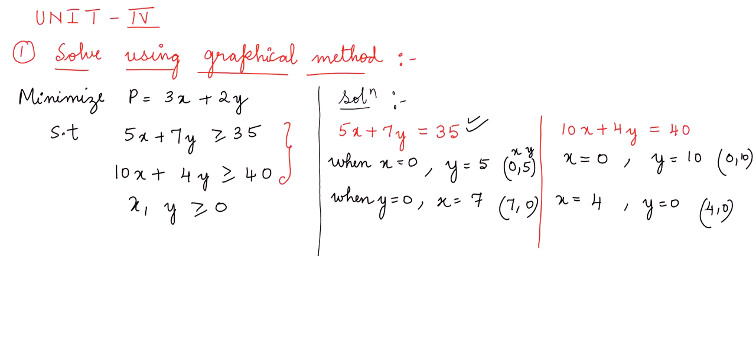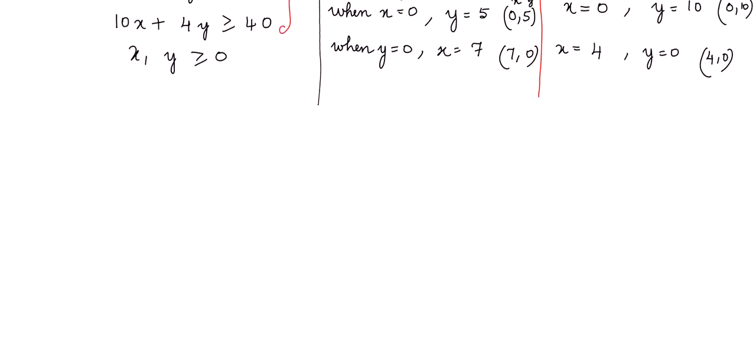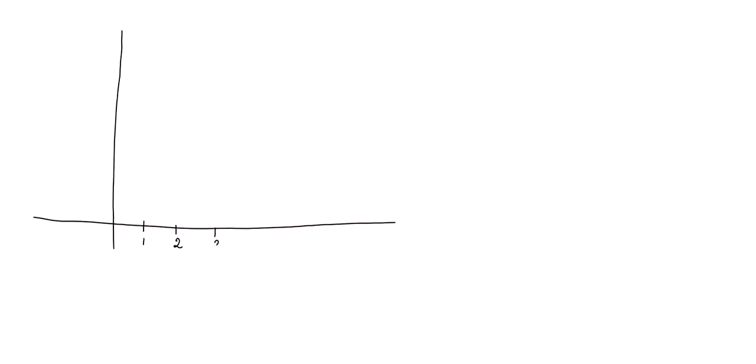The next step is to plot them on the graph. The values start from 1, 2, 3, 4, 5, 6, 7, 8 on one axis, and 1, 2, 3, 4, 7, 8, 9 and 10 on the other.